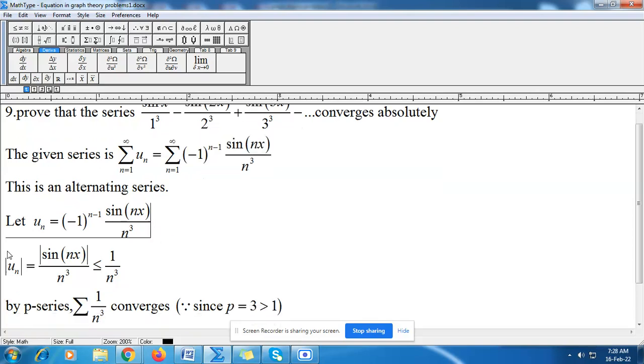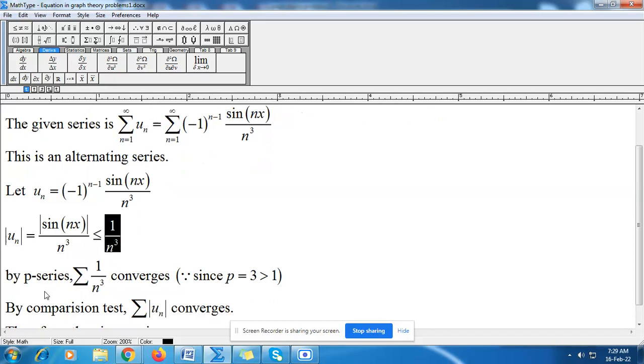Now take modulus. Modulus of sin nx by n cube, and this gives positiveness. And we know that mod sin x is less than or equal to 1. So mod sin nx by n cube can be written as less than or equal to 1 by n cube, since mod sin nx is less than or equal to 1.